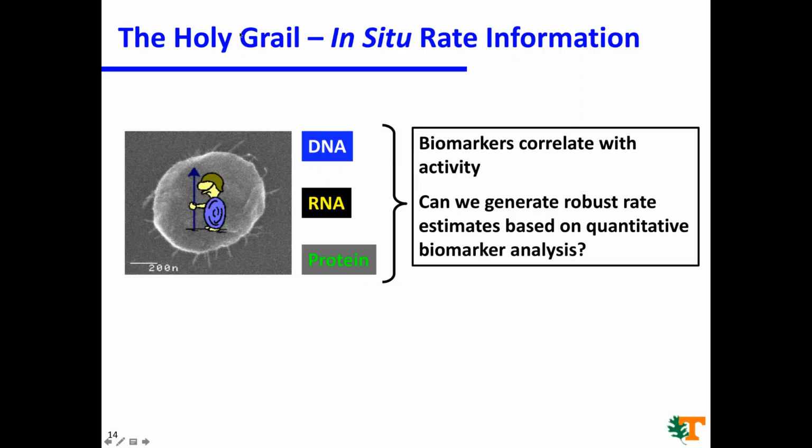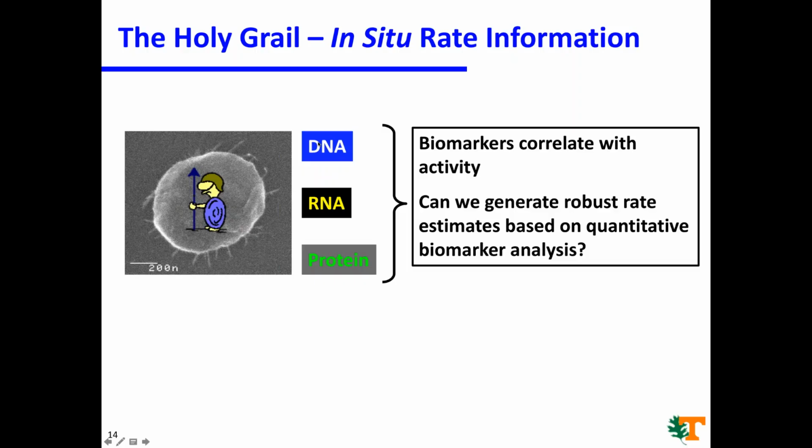So often I'm asked, Frank, can molecular biological tools give us rate information, in situ rate information? It's kind of the holy grail of engineering a contaminated subsurface environment. So here are our little warriors, these reductively dechlorinating populations.